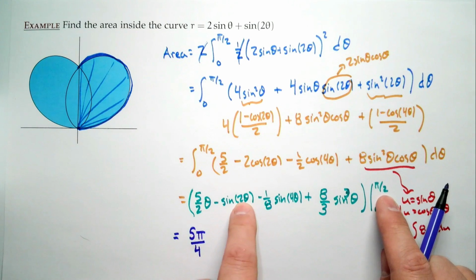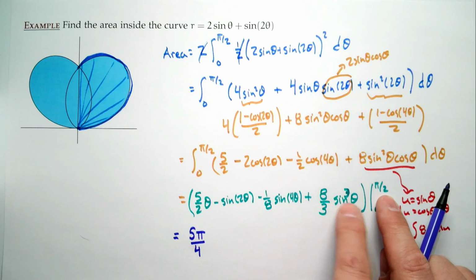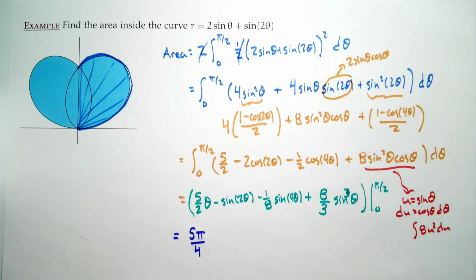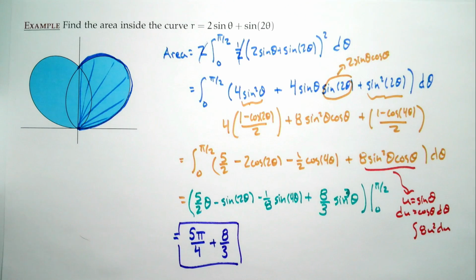Sine of pi? 0. This will be sine of 2 pi, which is 0. This will be sine of pi halves. And then we cube 1, we get 1. So plus 8 thirds. So 5 pi fourths plus 8 thirds. And that's the answer. All right, good.